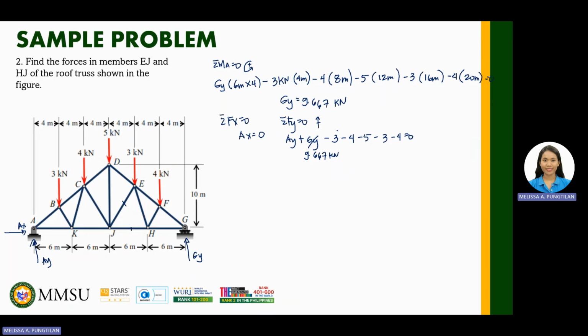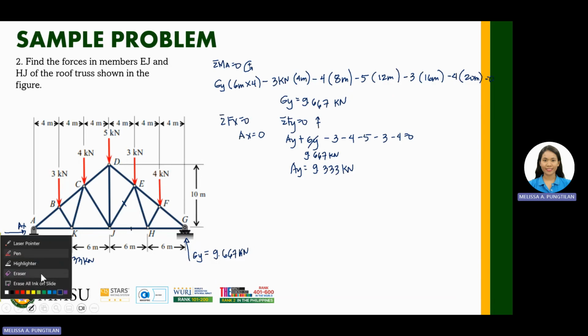Therefore, AY is equal to 3 plus 4 plus 5 plus 3 plus 4 minus 9.667. So we have 9.333. AY is equal to 9.333 kilonewton. So these are now the external or support reactions. Okay, we are done with getting the reactions.